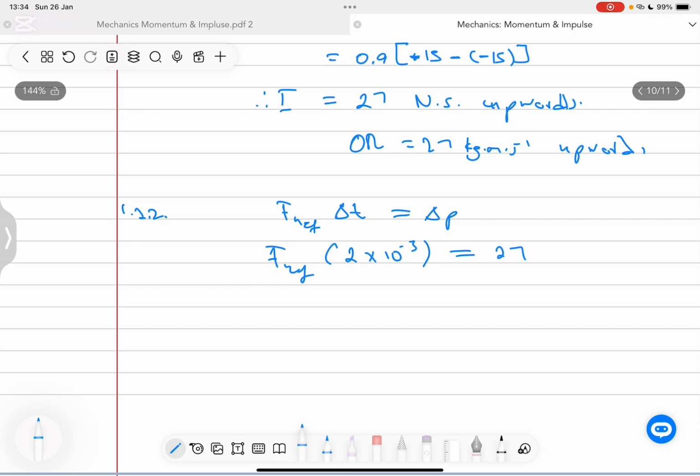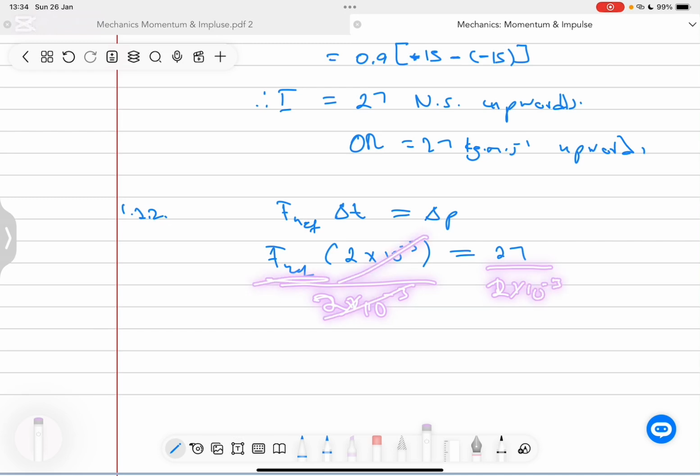At this stage, this question becomes very boring, because we have to then divide by the 2 times 10 to the power negative 3, and this side also divide by 2 times 10 to the power negative 3. Now this and this would cancel, and I'm only going to be left with the net force, and I'll punch that in a calculator.